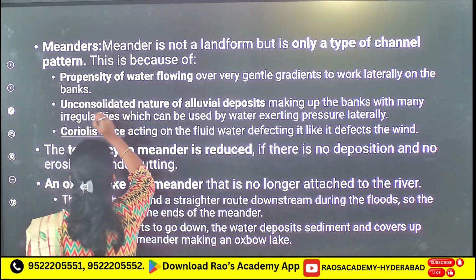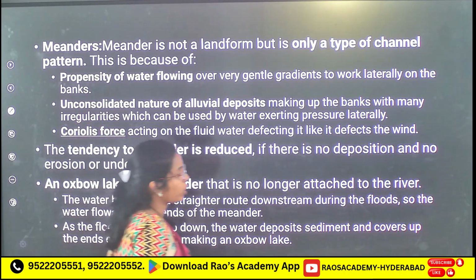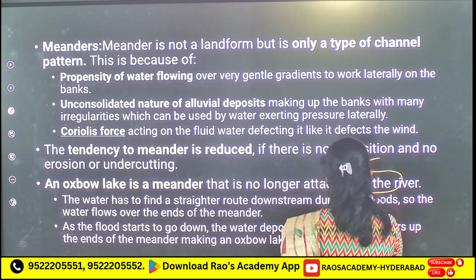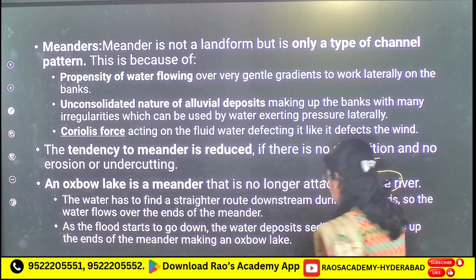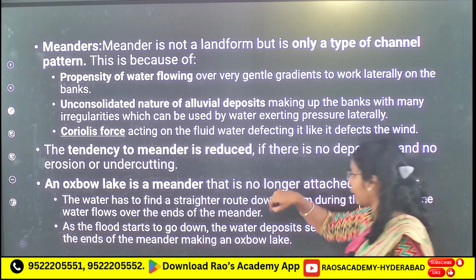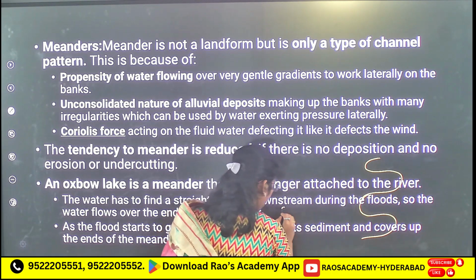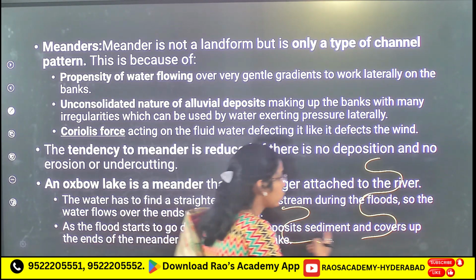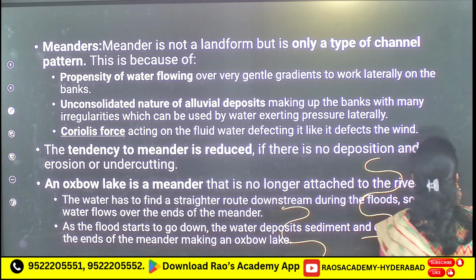Here because of unconsolidated material, you will see a loop like channel pattern developing over a flood or delta plain. Loop like channel pattern.